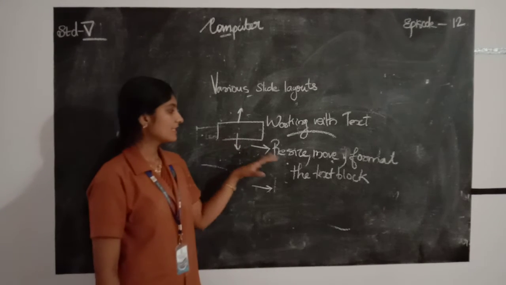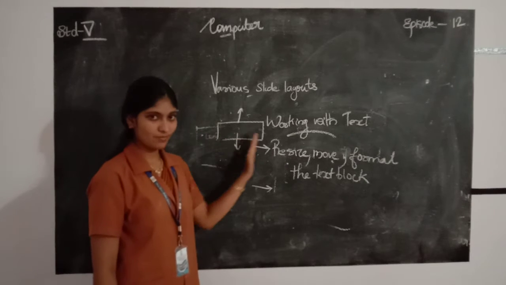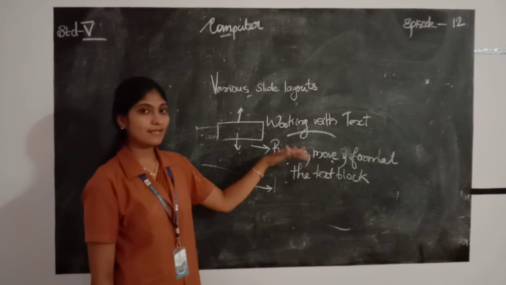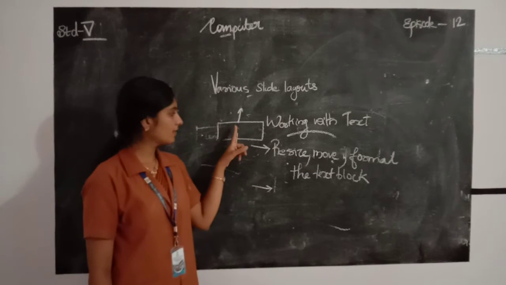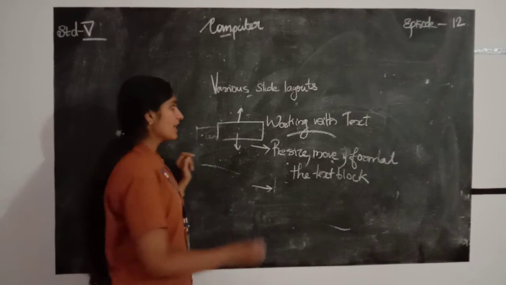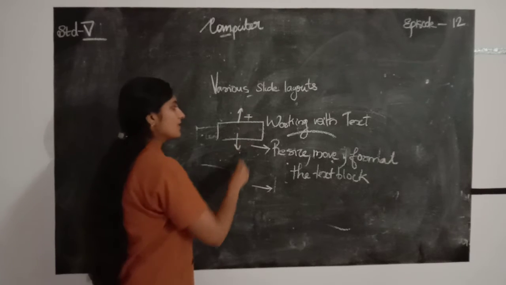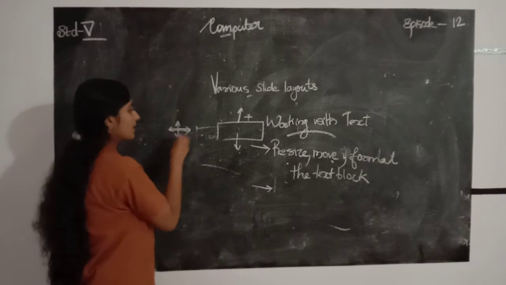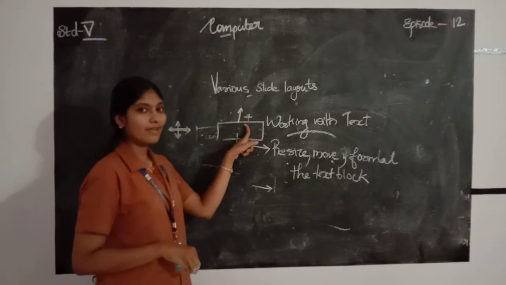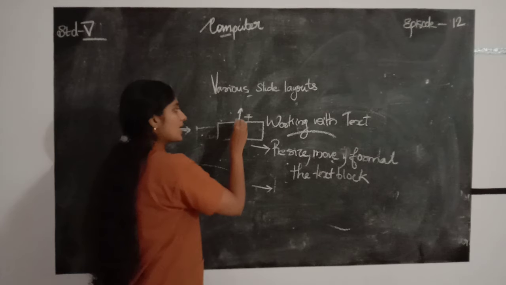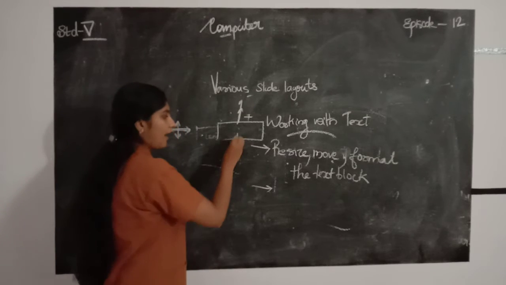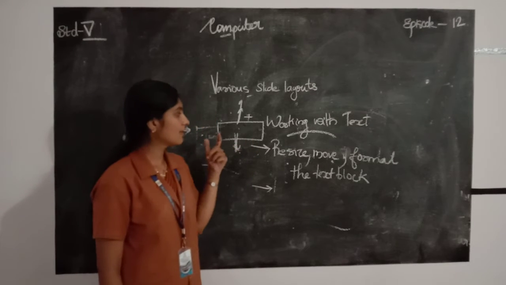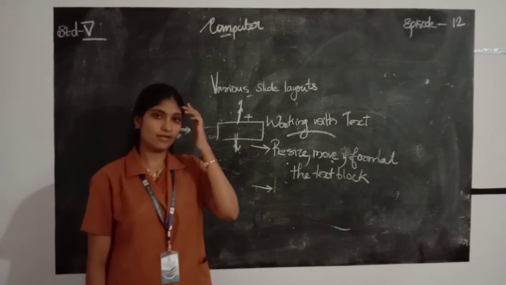That means to resize the text block, or to resize the placeholder, first click on it and then a cross button appears on the border. Using the mouse you can drag it upward and downward. Then we can resize the placeholder.